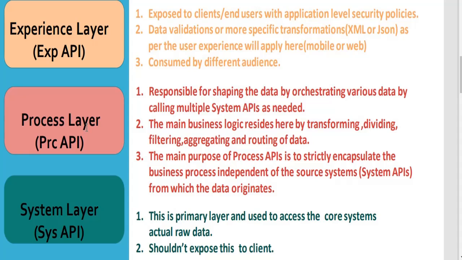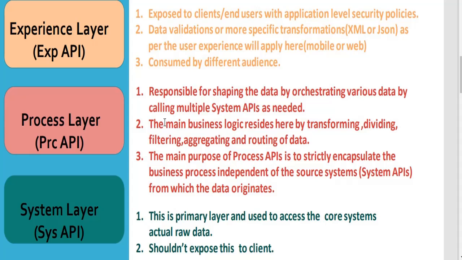Then what is the process layer? On top of your system APIs, you can have a process layer. Because again, these are three different APIs, we are just going to connect these different APIs in a meaningful way. The process API is actually used to combine two or more different system APIs based on the purpose of the data which you are going to use.